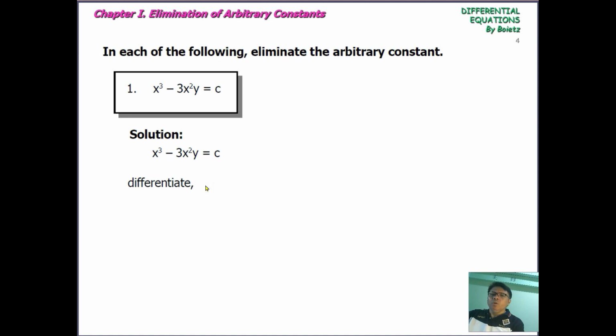Then, one way of eliminating the arbitrary constant, or we can eliminate the arbitrary constant by differentiating the given equation. So, here, kaya lang, unang kailangan yung malaman is what are the variables and what are the constant or constants. Okay.